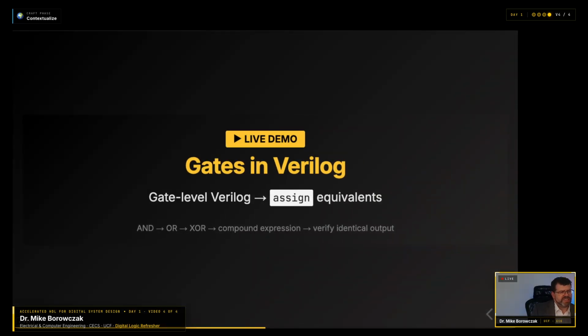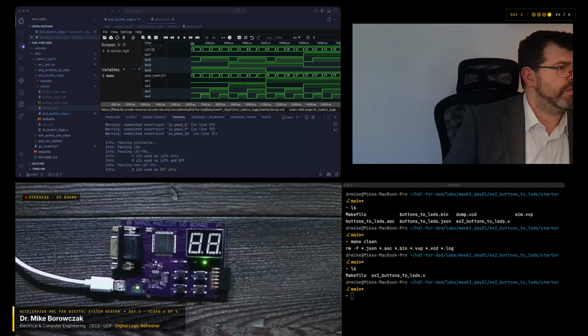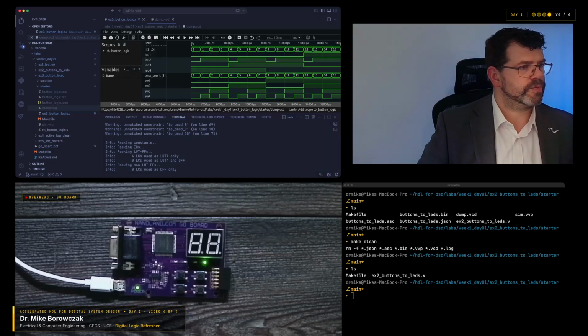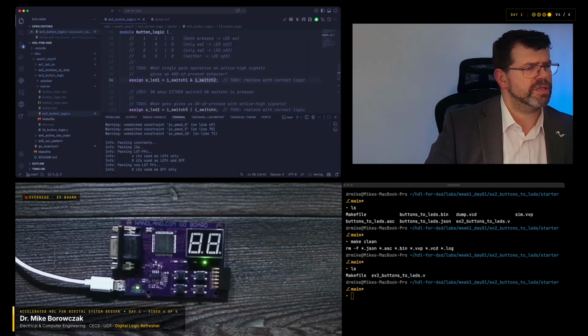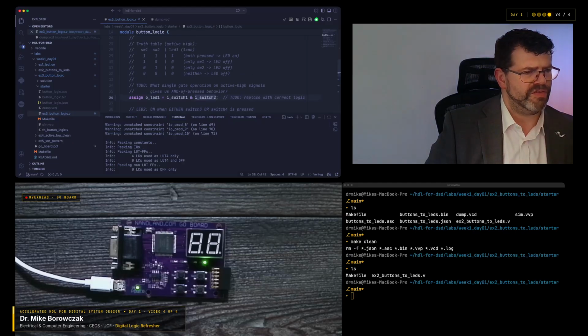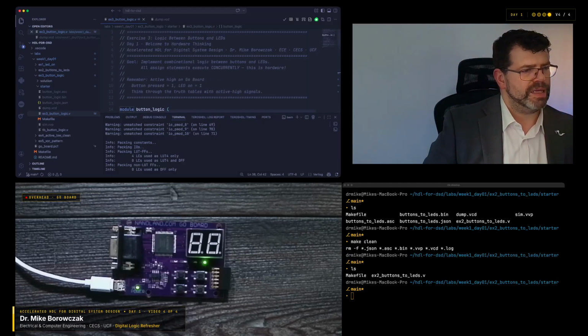We've already seen these gates in Verilog, but let's take a quick peek one more time at what this could look like. I took example 3 from the lab here, and it basically asks to implement combinational logic between buttons and LEDs.